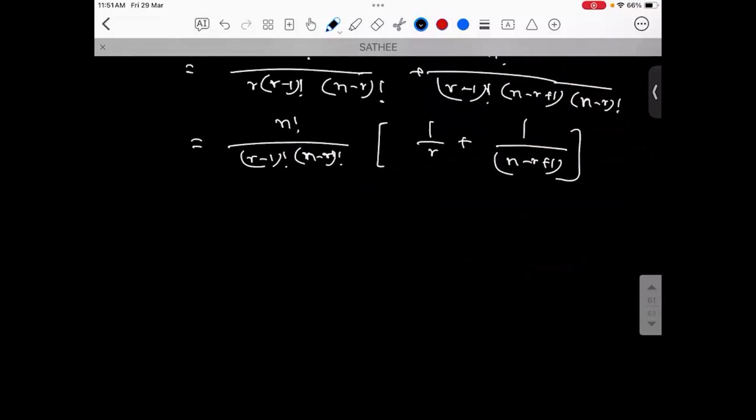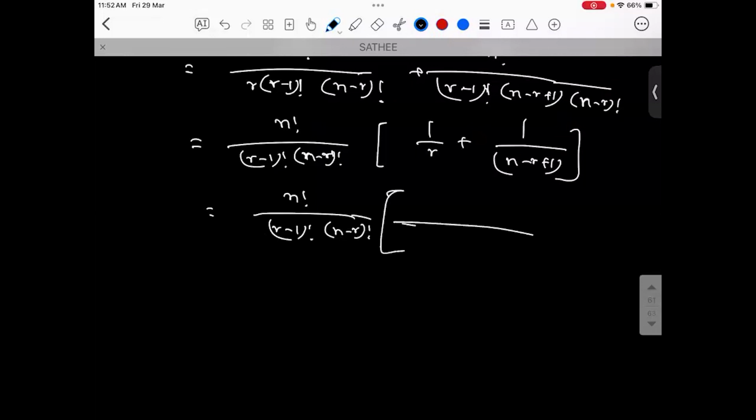Now do the proper calculation, nothing else. Here I will get (n minus r plus 1) plus r, where the r will be reduced.